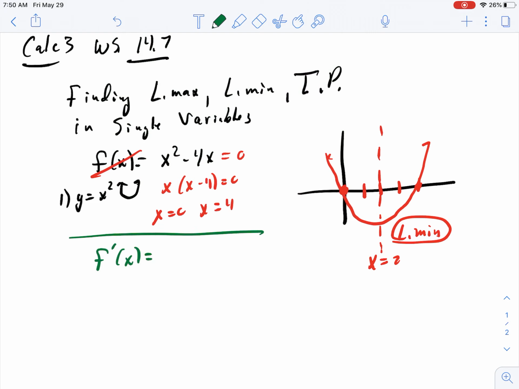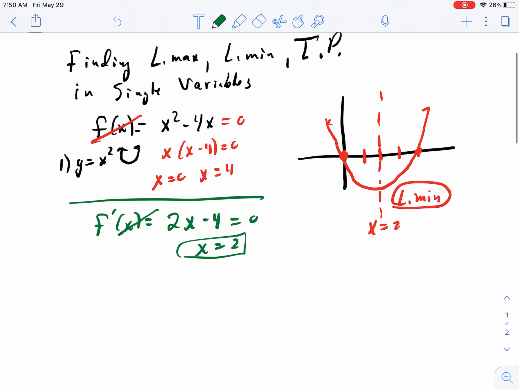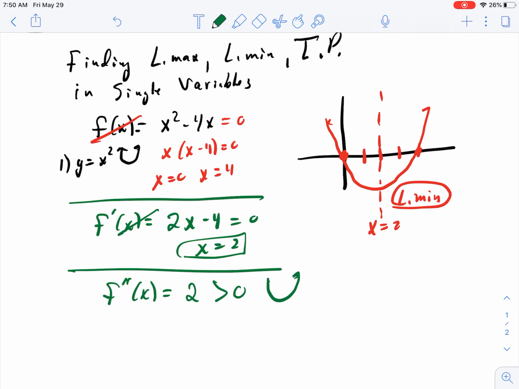Now later on, we were able to find this with the derivative, so f prime of x is 2x minus 4. Again, set it equal to 0, you get x equals 2, and you can see that that is a local min. Another way we could do this is, for a local min, take a second derivative, f double prime of x, and we get 2, which is greater than 0.